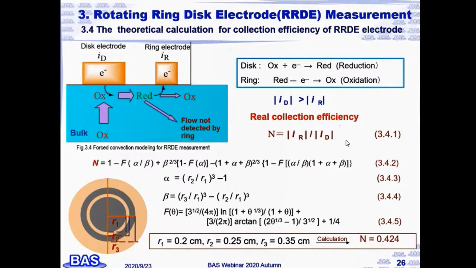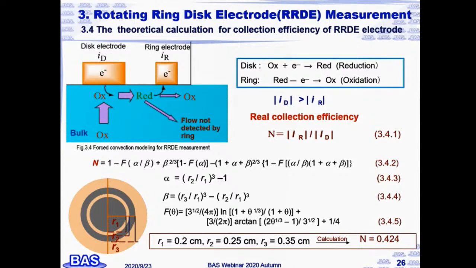A real collection efficiency is defined as the ratio of the ring current and the disk current. The theoretical collection efficiency is a constant determined only by the dimensions of both electrodes and can be calculated using these theoretical equations. If the electrode's R1, R2, R3 values are used in this equation, the calculated value is N equal to 0.424.